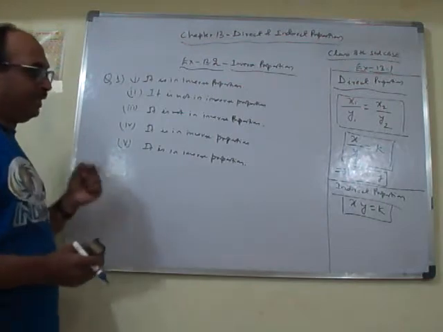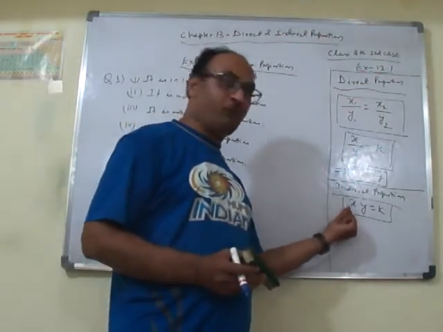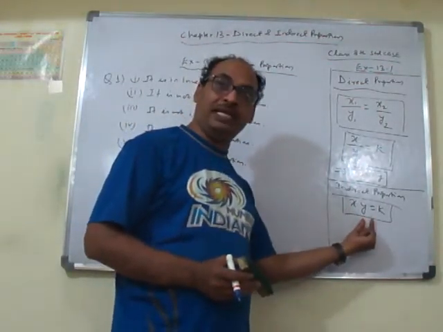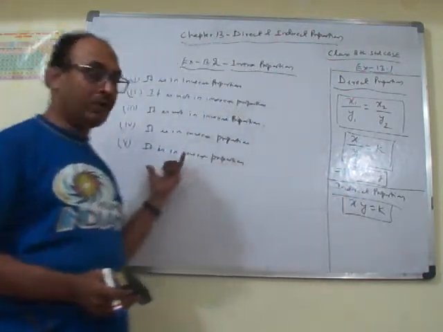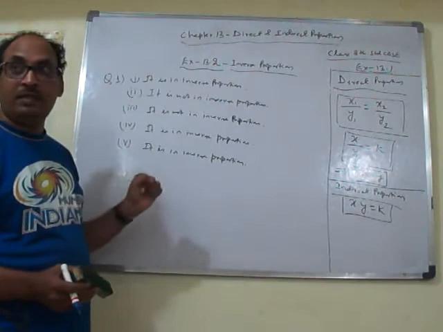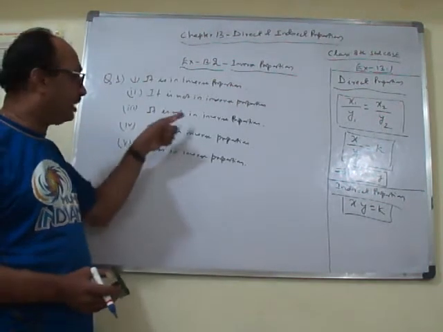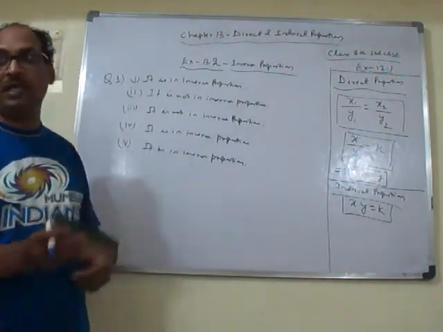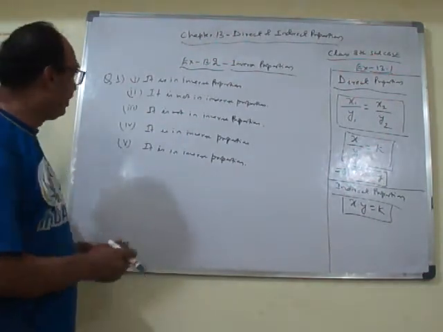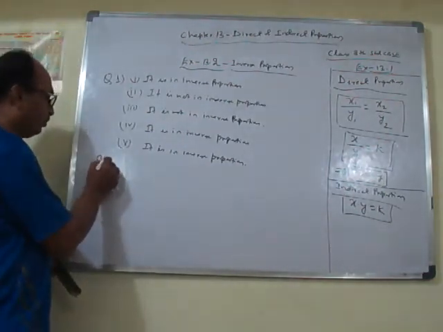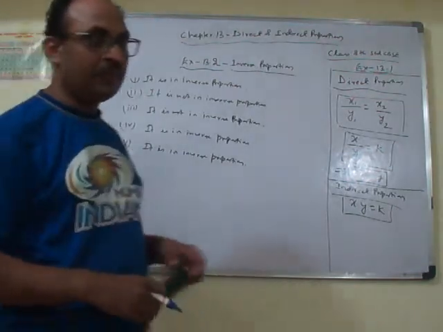So what actually is the relation? If one is increasing, another one will decrease. That relation we are watching in each and every situation. In some situations it was not satisfying that criteria, in some it was satisfying. Let us see question number 2.